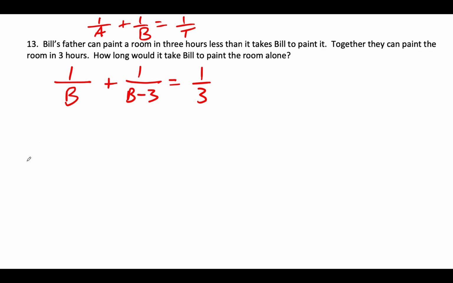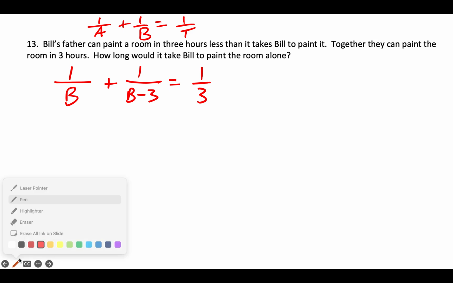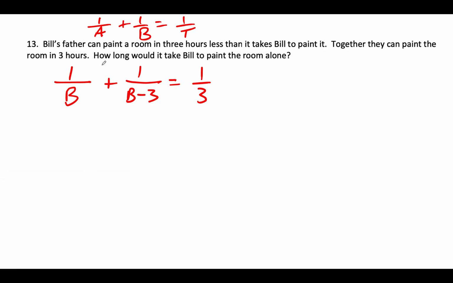So I'm going to multiply everything by b, b minus 3, and a 3. I'm going to go 3b and b minus 3, and 3b and b minus 3.